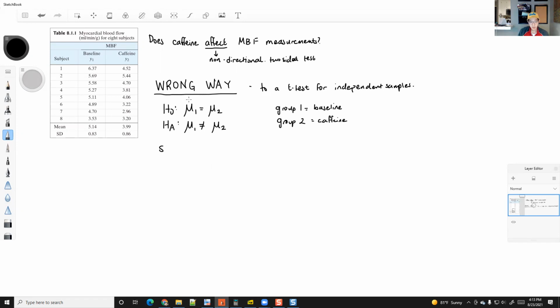So we'll calculate our standard error. Standard error is the square root of S1 squared over N1 plus S2 squared over N2. We're going to have the square root of 0.83 squared over 8 observations. And again, this is the wrong way. I want to make that very clear that this is the wrong way to approach this.